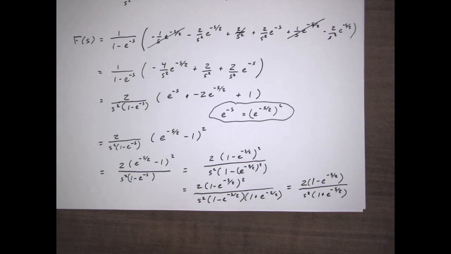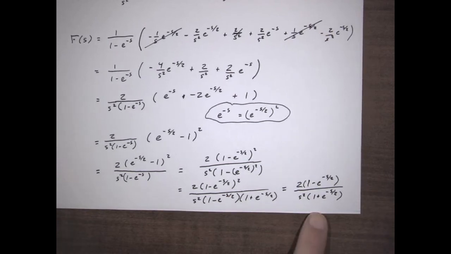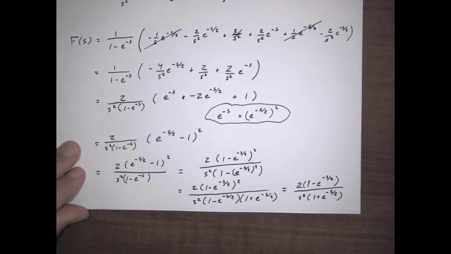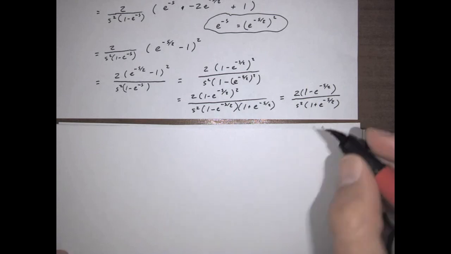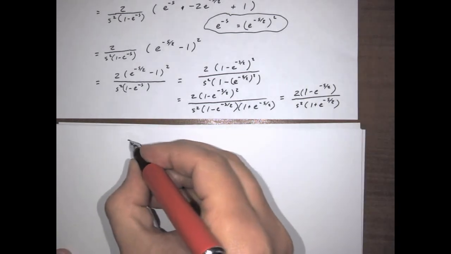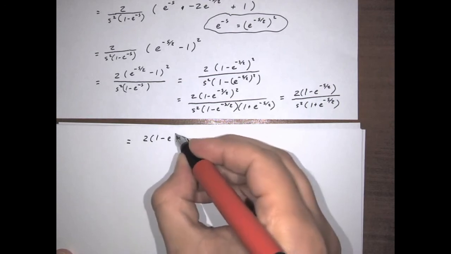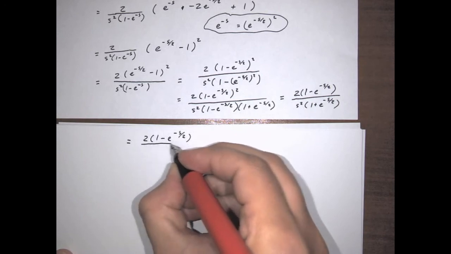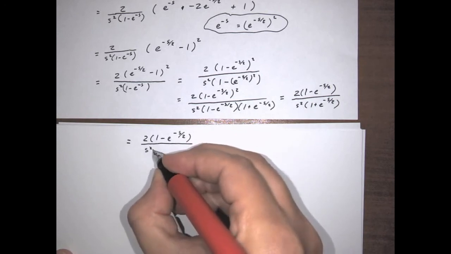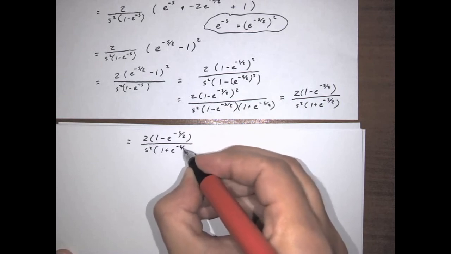And then if we want, we can actually do the same operation that we did previously to rewrite this. So the way that would go is we could take the 2 times 1 minus e to the minus s over 2 divided by s squared times 1 plus e to the minus s over 2.